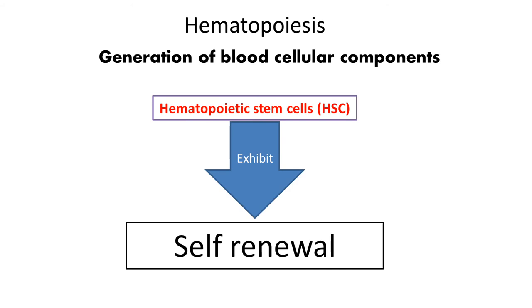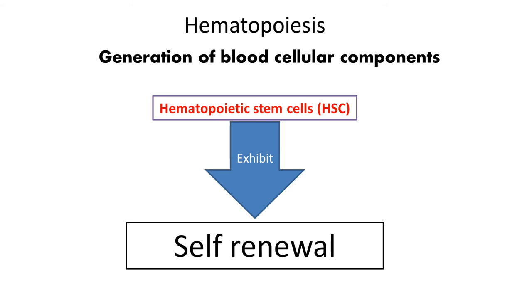It means that in the body, the hematopoietic stem cell population never goes dry. It is never completely exhausted. In other words, a constant hematopoietic stem cell population is always maintained. That is, the hematopoietic stem cells undergo mitotic division continuously to produce new hematopoietic stem cells.